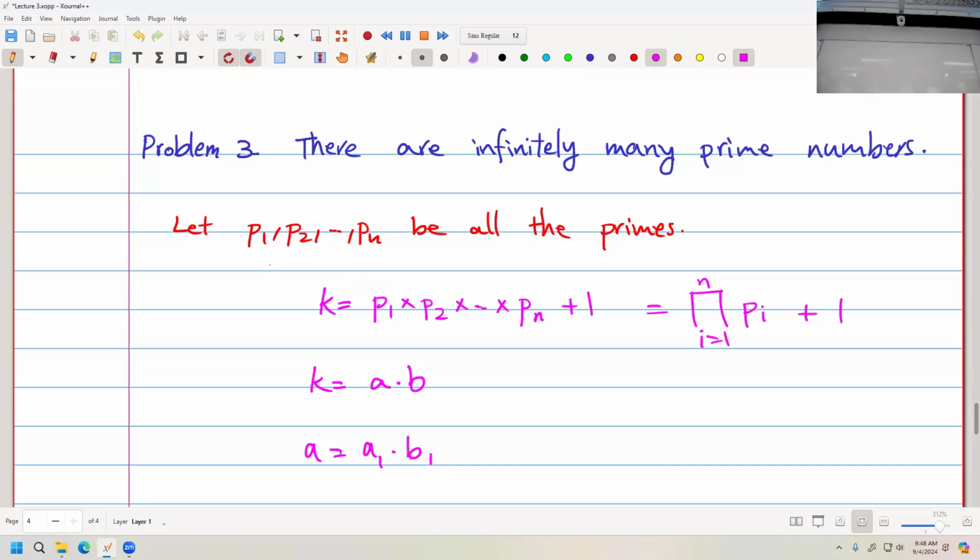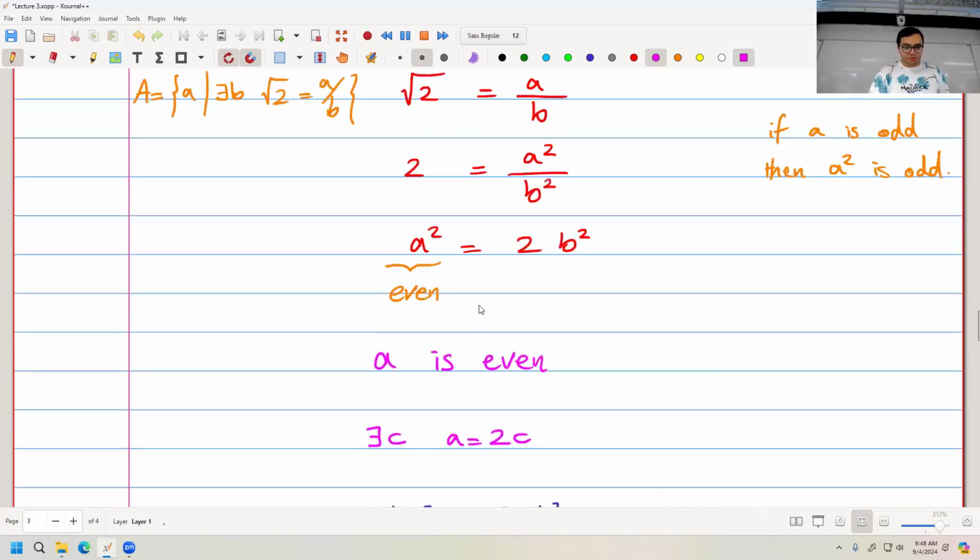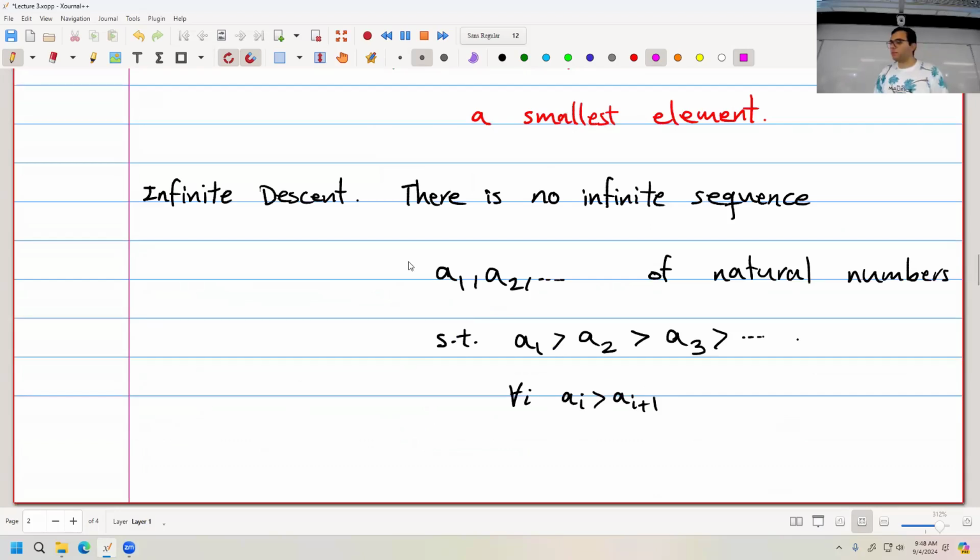Well, look at a1. Can it be one of these prime numbers? No. So now a1 itself is either a prime number, in which case I found a new prime number, or I can again factorize a1, right? But now here's the part where I'm going to use this infinite descent principle.